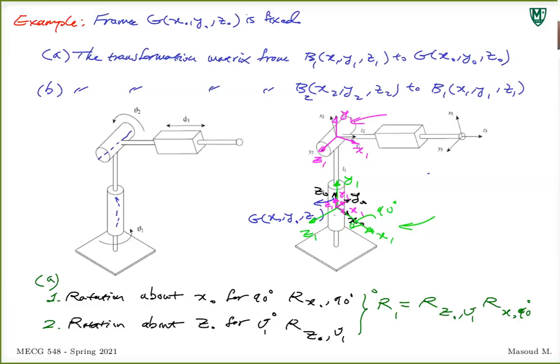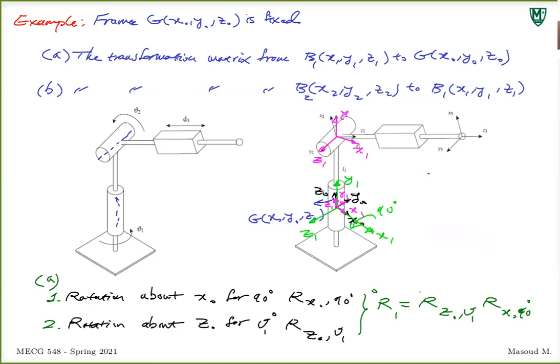Hopefully you see it. This is the rotation that's happening because of V1 around Z. Green coordinate rotates around Z0, black Z axis, V1 amount.